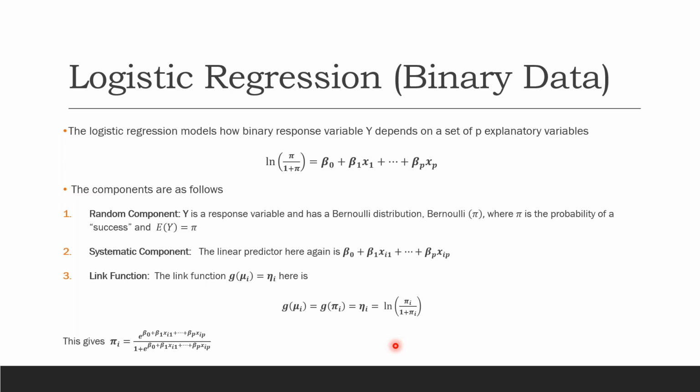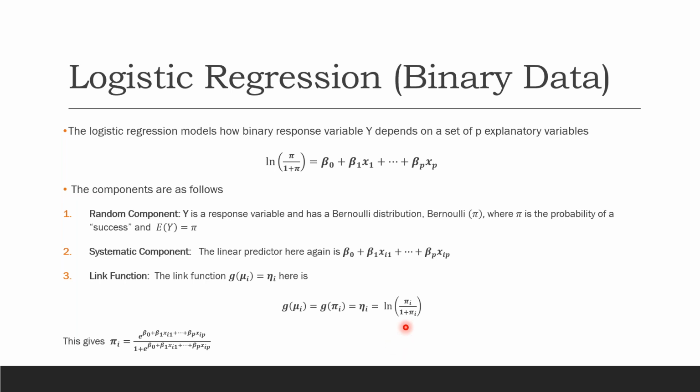This form ensures that we get a response variable between 0 and 1. And of course, since we're modeling a probability, we need this value to be between 0 and 1, because obviously a probability cannot be greater than 1 or less than 0. So we need to ensure that what we're modeling, which is the probability, is always a number between 0 and 1.